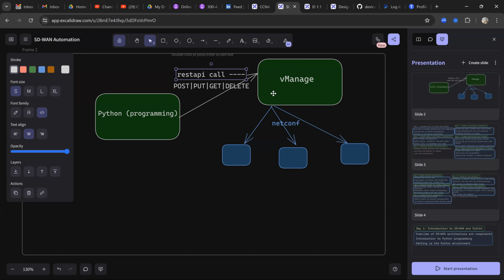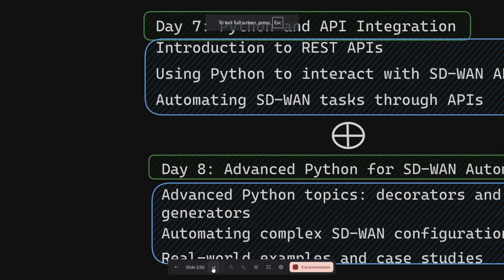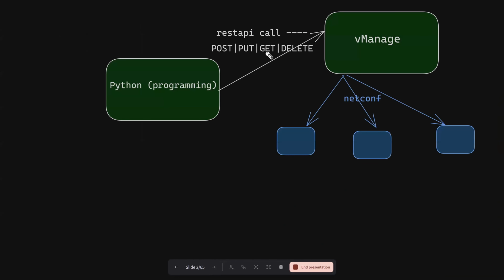The task is that I want to create a template, or I want to create a policy, or some feature template. Those come whenever we are creating something. They come with the post method, right? When you are creating something, that falls under the post method. If you want to retrieve some information, that is nothing but the get method. If you want to update the object, that is nothing but the put method.